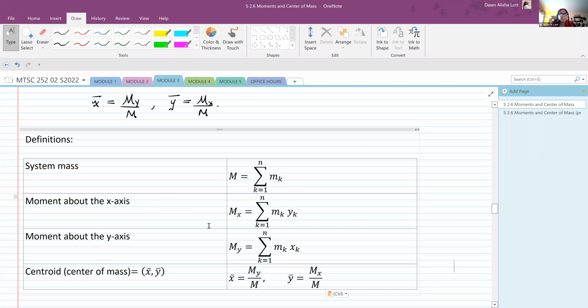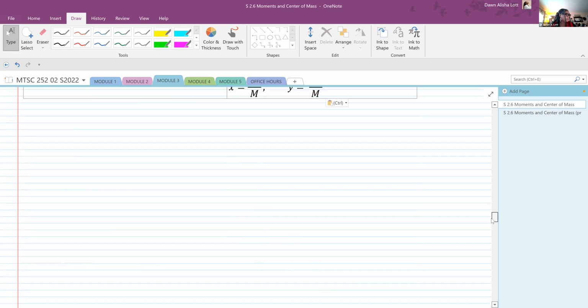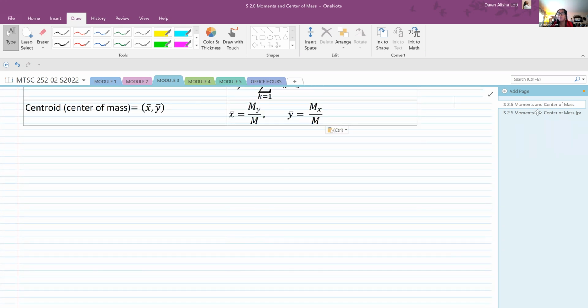The moment about the x-axis is to take the masses times their distance from the x-axis. The moment about the y-axis is to take the masses and their distance from the y-axis. And then the centroid is x bar, which is My over m, and y bar, which is Mx over m. And then I have an example.